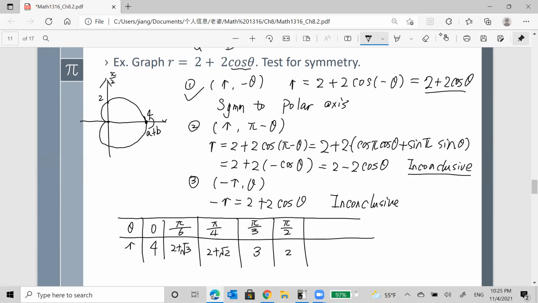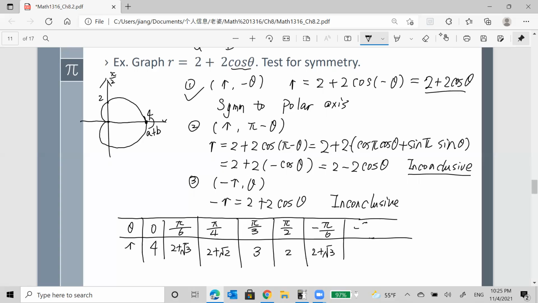Actually, we have learned that it's symmetric to the polar axis, that means I just find the half, and then use what to find the other half? I can plot negative pi over 6, and since it's symmetric to the polar axis, the r value is the same. The only difference is the angle's value. That's 2 plus square root of 3.